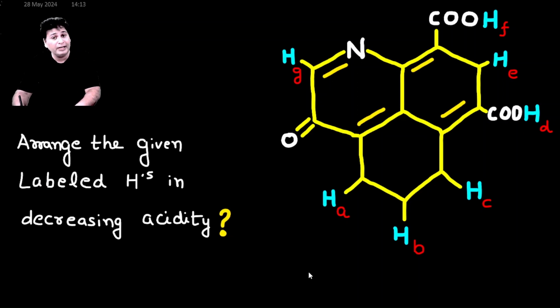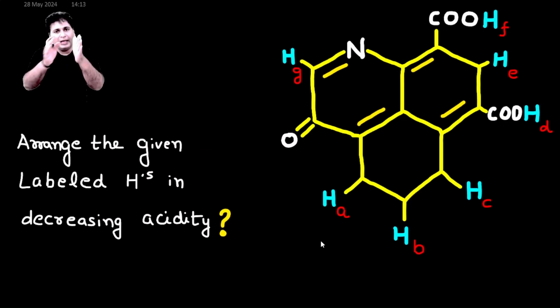And I have already told you how you are going to decide about the acidity of a particular hydrogen. You simply have to take that hydrogen out as H plus. It will result in a negative charge on the atom where the hydrogen was attached earlier. So an anion will be the result of this removal of hydrogen. It is called the conjugate base, the anion.